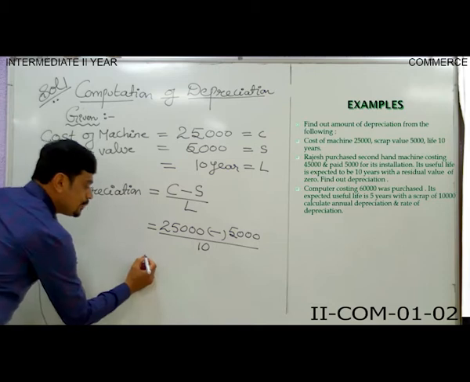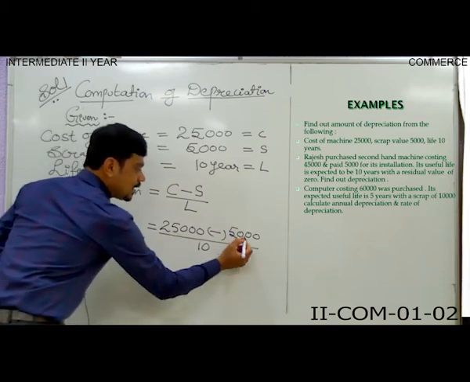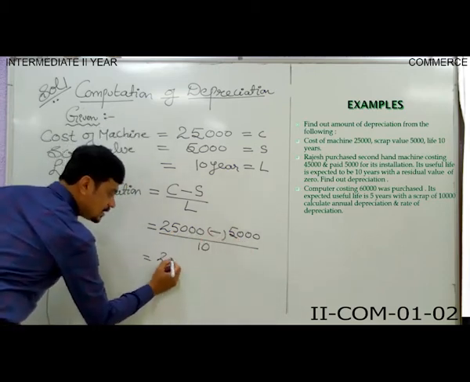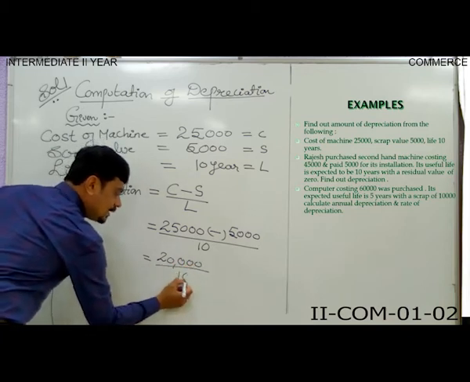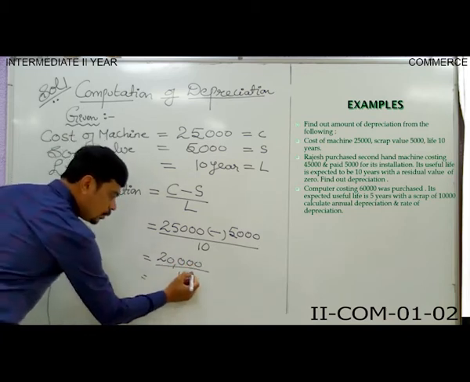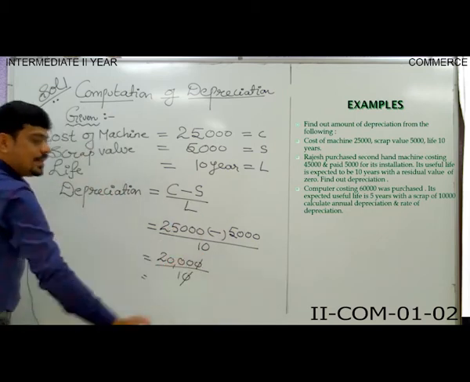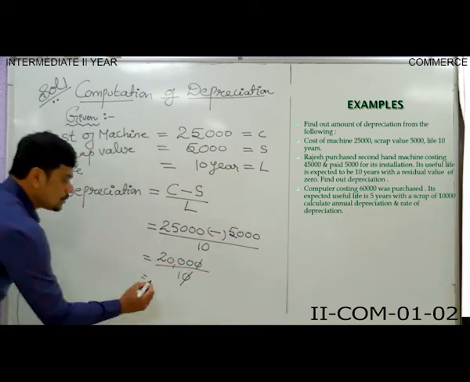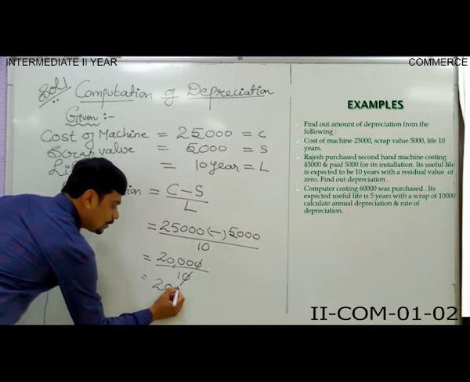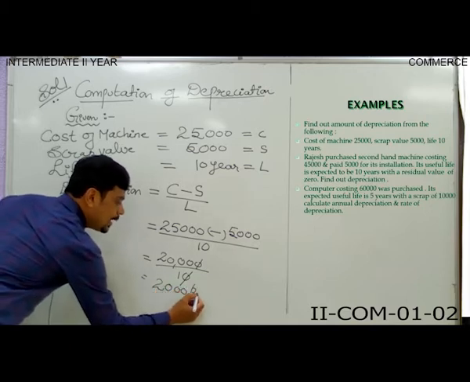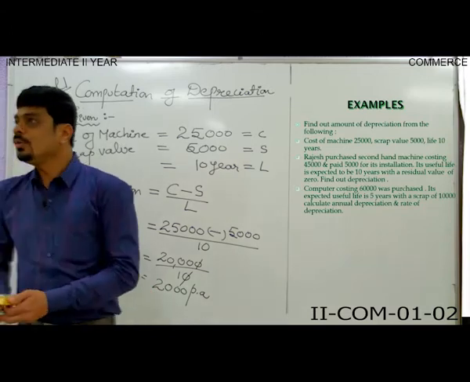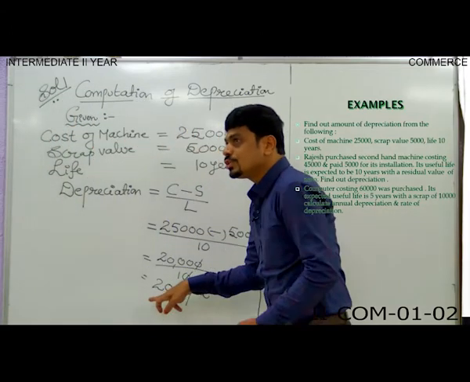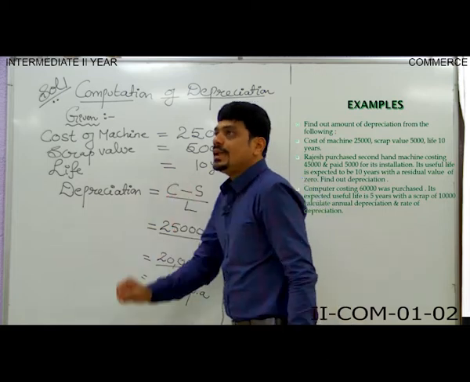Now simplifying it. 25,000 minus 5,000 is 20,000 divided by 10. Now denominator, numerator we can cut one 0. So how much did we get? We got 2,000 per annum. So what is the amount of depreciation? Amount of depreciation is 2,000 per annum.